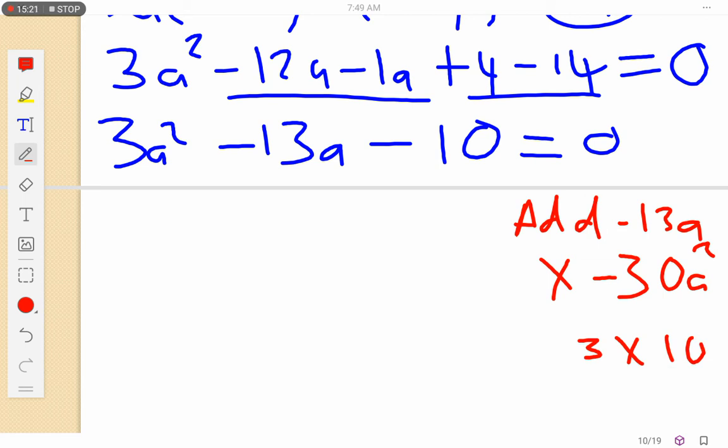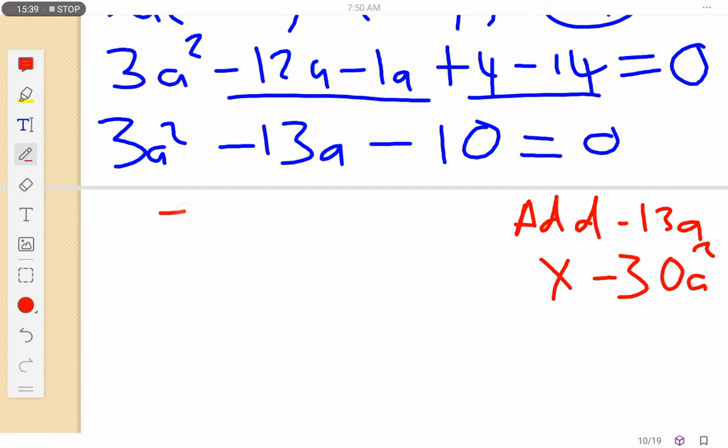These are going to be negatives. So let's see. I can have them as 3 by 10. I can even take 15 and 2. Let me take 15 and 2. 15 and 2 will be the perfect.